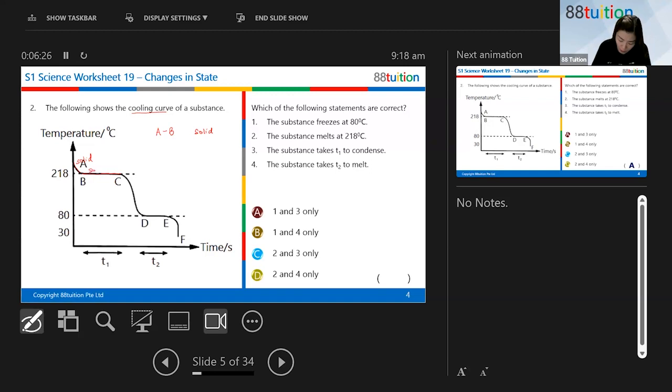So you mean over here, this is solid plus liquid. Do you think so? Dina, tell me, what is this process when solid changes to liquid?